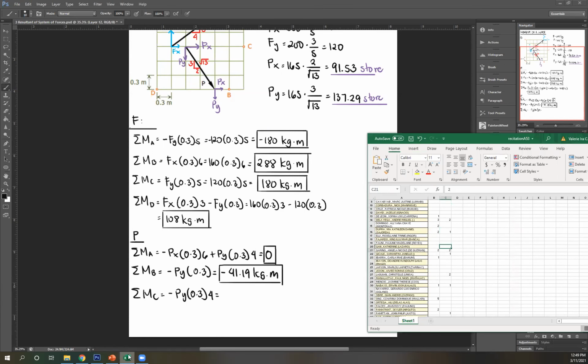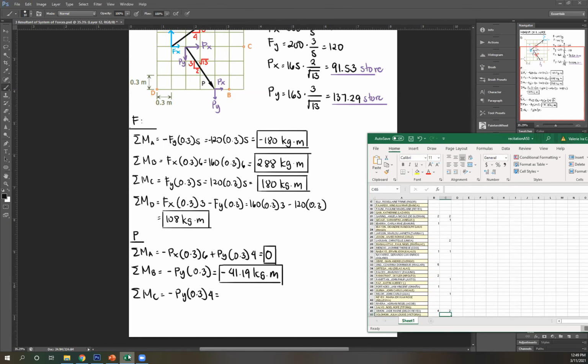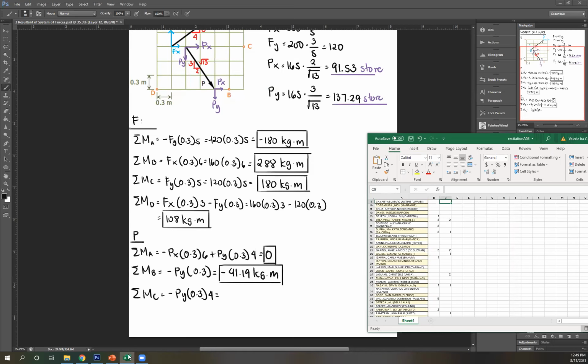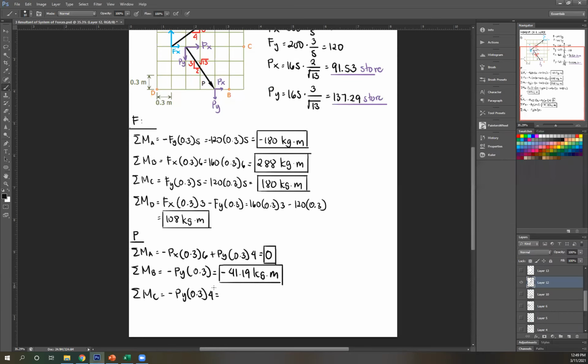Torres. And who's left? De Leon. You already have points, not yet. Okay, so this was negative 164.75.